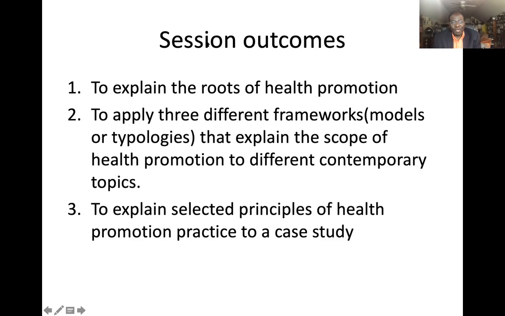Now, usually the word itself, when you say health promotion, you promote something to benefit more than one person. And in most cases, in doing that, it will take some resources.